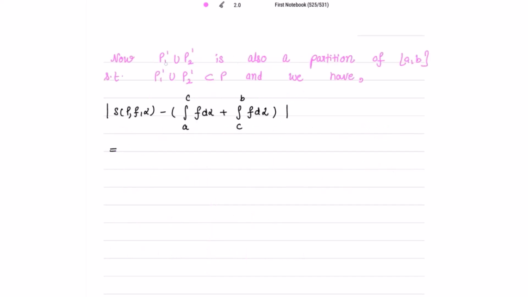Now, P1' union P2' is also a partition of the closed interval [a, b], such that P1' union P2' is also a subset of P.